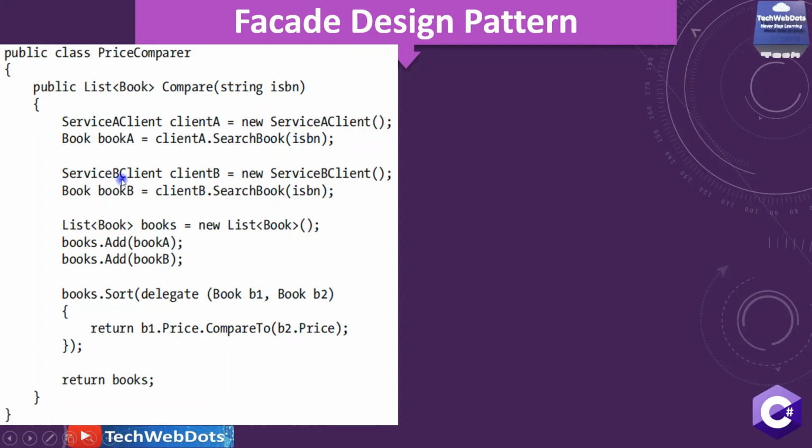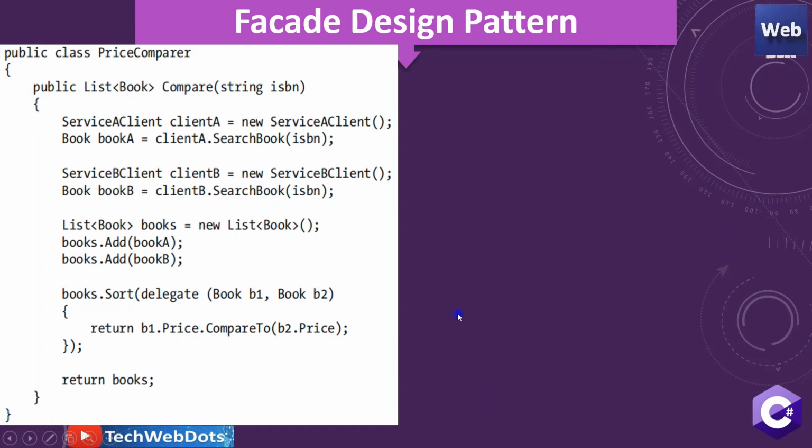After receiving book A and book B, we create a list of books and add these two books to this list, and then we sort by specifying a type of delegate and passing these two book objects, B1 and B2. You can see here we call the list method books.Sort, and we sort by price, B1.Price compared to B2.Price.